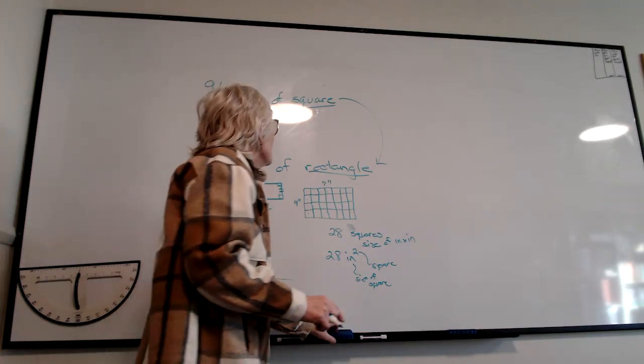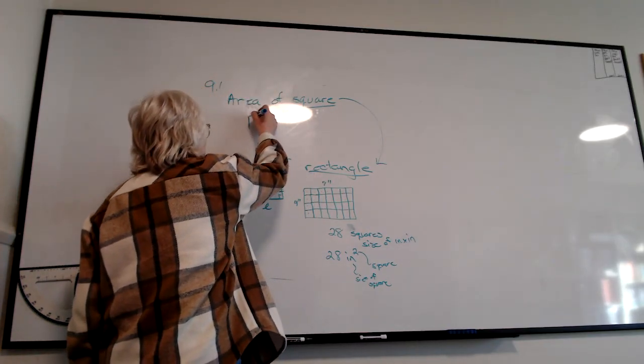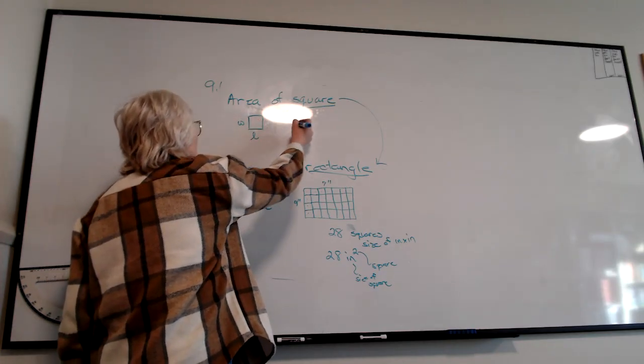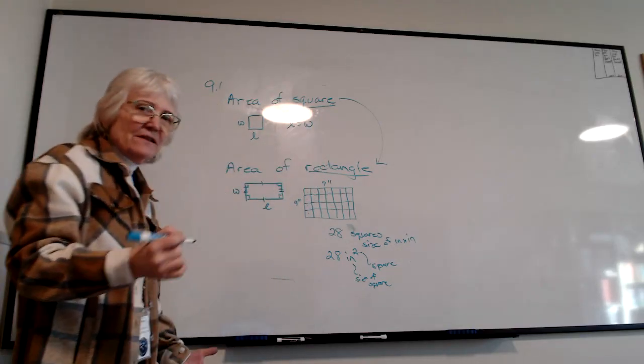Okay, so in a square up here, which kind of sounds funny, just remember that the length and the width are equal. So the length is equal to the width.